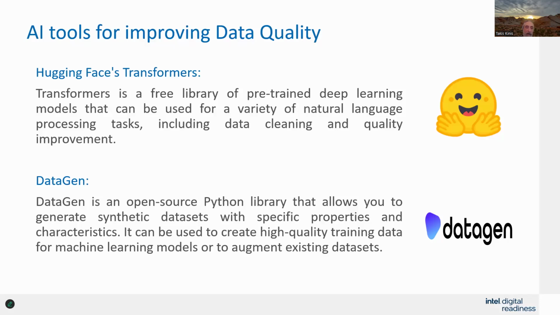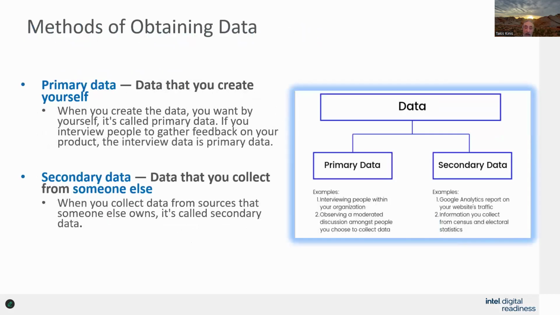There's also this other thing here. This is a Python library. Note that, right? So this is something you would plug into Python. You would import it, right? It's a download. And that allows you to create synthetic data sets with specific properties and characteristics, and therefore is very useful at training your AI models, right? And I know the second one in particular, I think is free, so that's pretty cool.